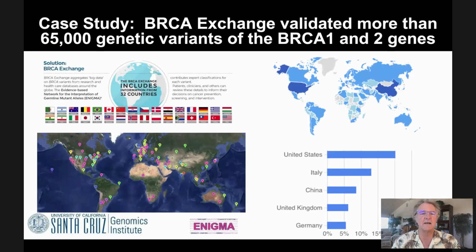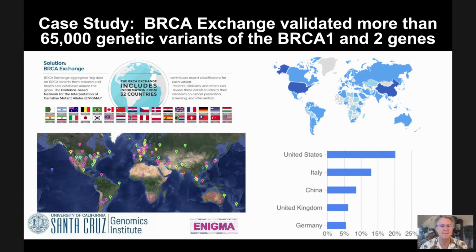One case study that we've had is the BRCA Exchange, and this is an organization that is now global. It was started by the Global Alliance for Genomics and Health. It's collected data on the BRCA gene genetic variants from 32 different countries now, more than 65,000 genetic variants of the BRCA1 and 2 genes.